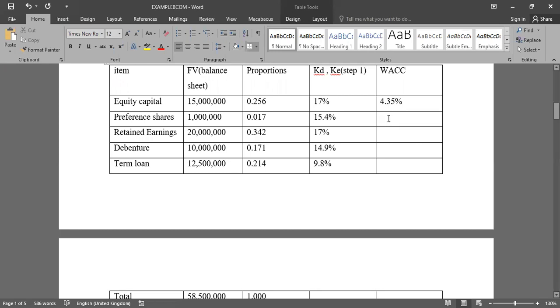Okay. Then you go to the next one. So 0.017 times 15.4. Okay. Then you have 0.26%. Okay. Please try to press these figures, calculators. Make sure that you're getting them. They are not as easy as they look. Okay. 0.342 times 17.